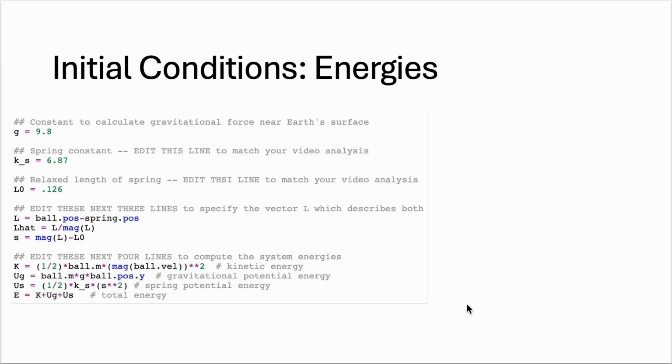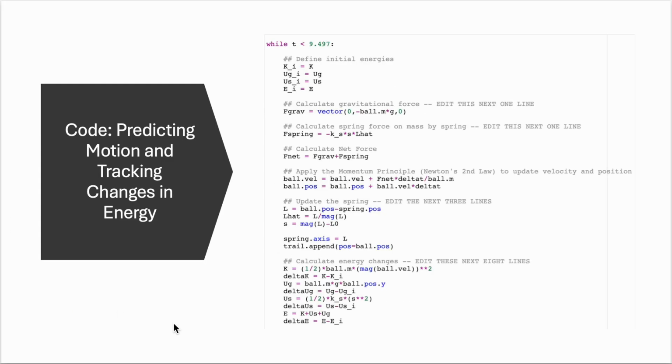So for further initial conditions for the energies, we just initialized the different energies, the kinetic energy, the gravitational potential energy, and then the spring potential energy, and added those together to get the total energy. So finally, for our loop in the code, we needed to define initial energies, which are just the exact same thing as before. And then from there, we needed to find F net. So we just found F grav and F spring and added them together to get F net.